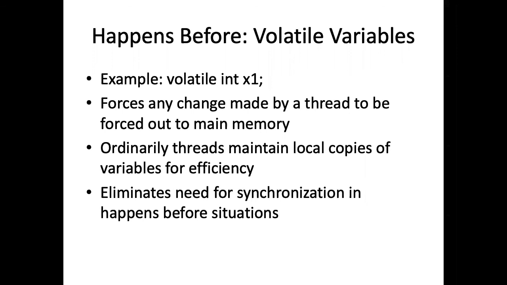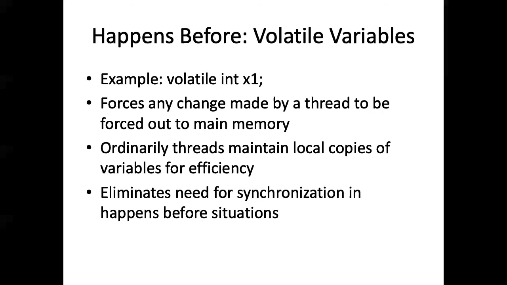So that's why I say volatile variables aren't a particularly good way to enforce a happens before relationship. Join, fork, and wait are much better for ensuring that one thread does something before a second thread does something.